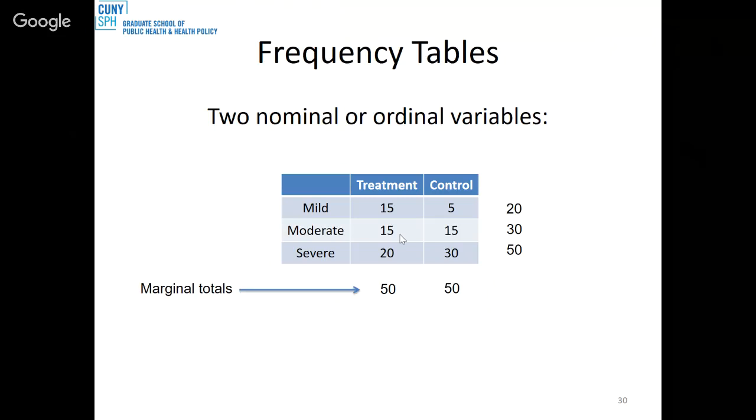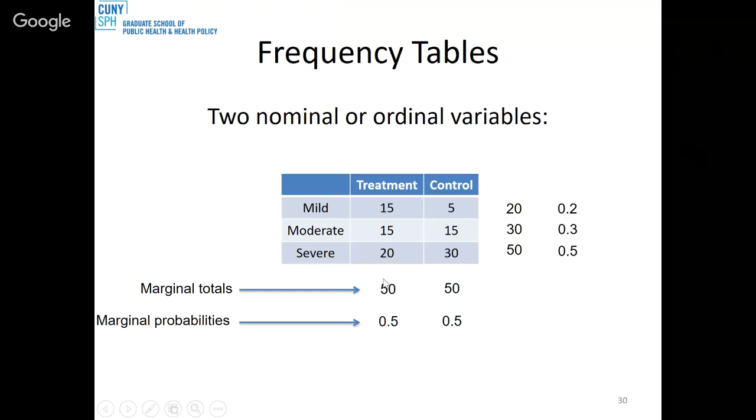And what I'm writing in the margins here are the marginal totals. They're called marginal totals because you write them in the margins of this frequency table. They're just the sum of what's in the column along the bottom, and on the right, the sum of what's in the rows.